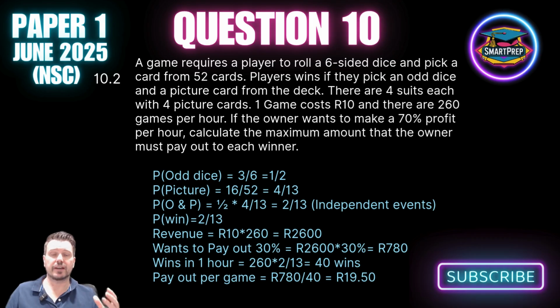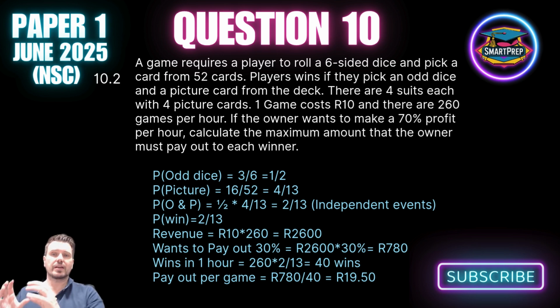Now we need to find out, how do we come to that 780 Rand? Well, every time a player wins, they will get a payout. So what is the probability that they win? Well, that's going to be 2 out of 13. Now, you've got 260 people each hour playing the game.